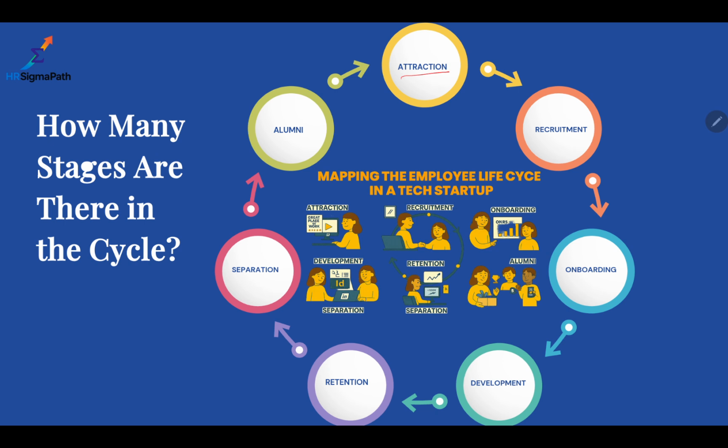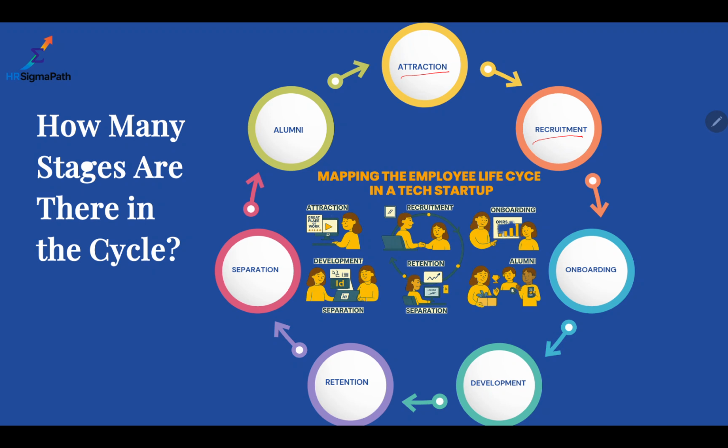Attraction is building an employer brand to attract talent. Suppose a startup posts a quirky culture video on LinkedIn, shares employee testimonials on Instagram, and maintains a transparent Glassdoor profile. Here HR's role is to collaborate with marketing to shape brand messaging and showcase the work culture of an employer.